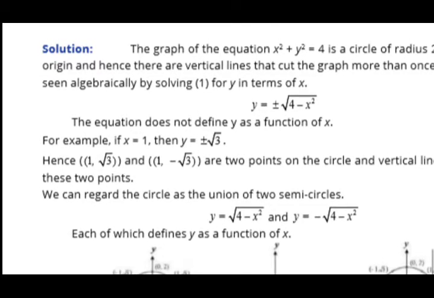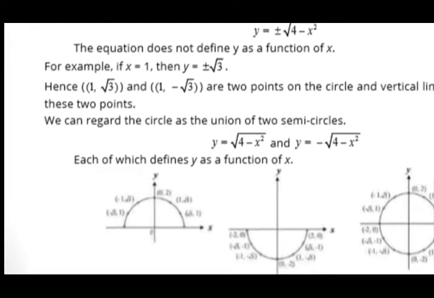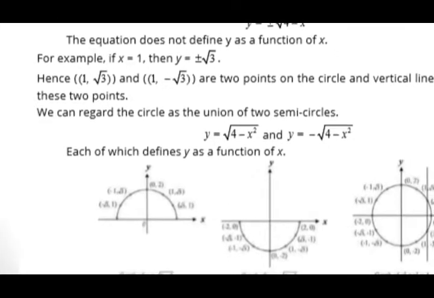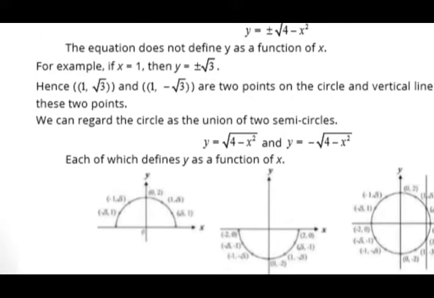The equation does not exist when we put in the value 3 and above, because these values are above 2. So there are two values, negative and positive.